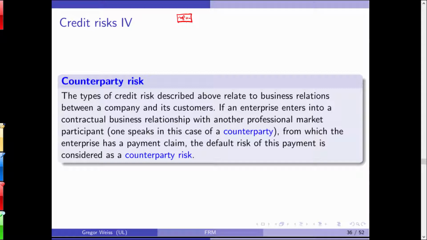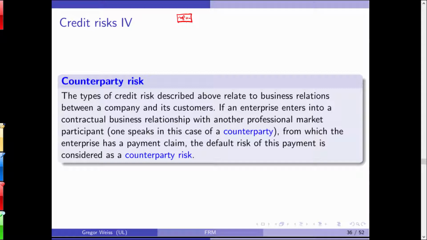If Apple tells you, I'm in no need of a loan, I have enough cash, you cannot invest in the credit risk that is posed by Apple. But if you find someone who wants to buy a CDS, you as the institutional investor can invest in credit risk. The counterparty can insure itself against the credit risk exposure, and this is a very good trade for all parties involved.